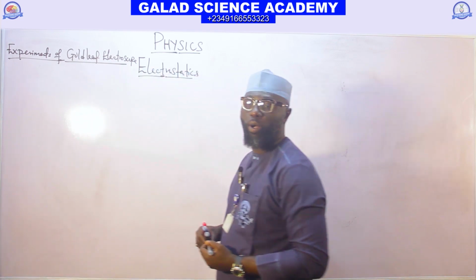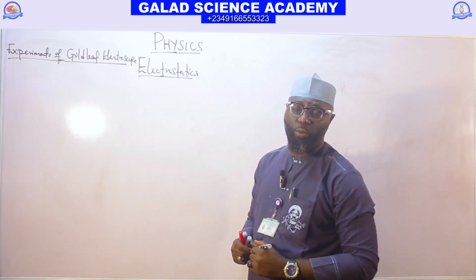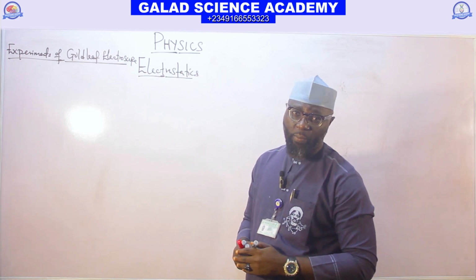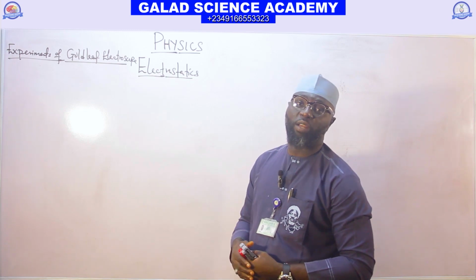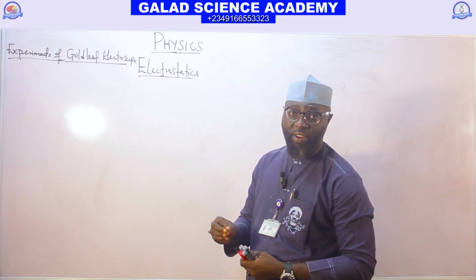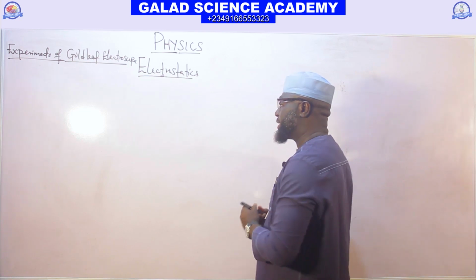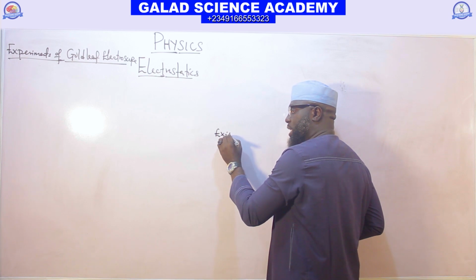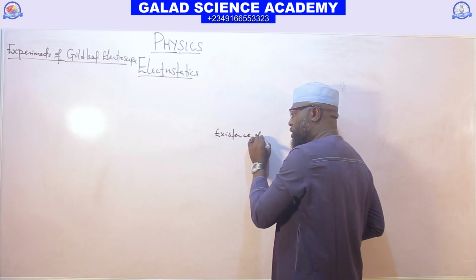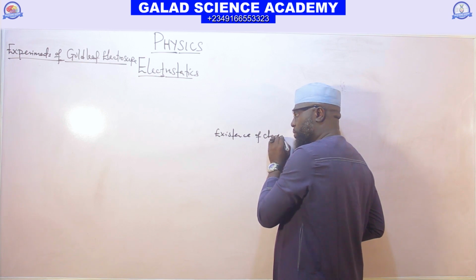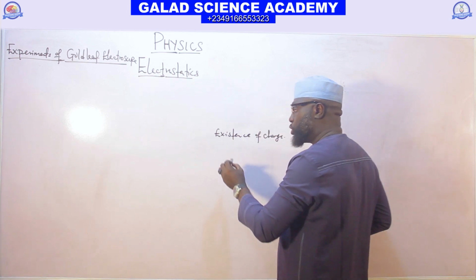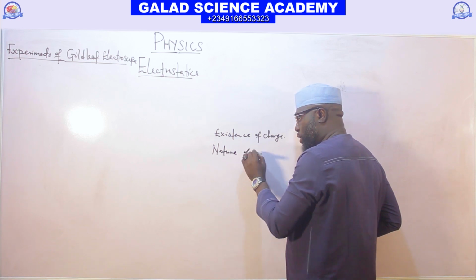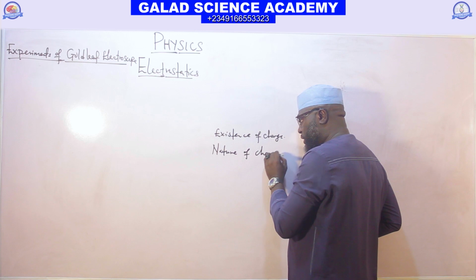So if we are talking about the experiment of gold leaf electroscope, it's comprised of three experiments. According to the gold leaf electroscope definition, I said it's a device that's used to detect the existence of charge. You can use gold leaf to detect the nature of charge.